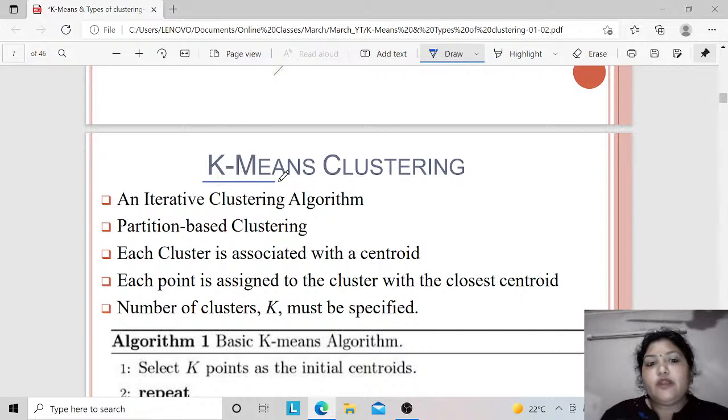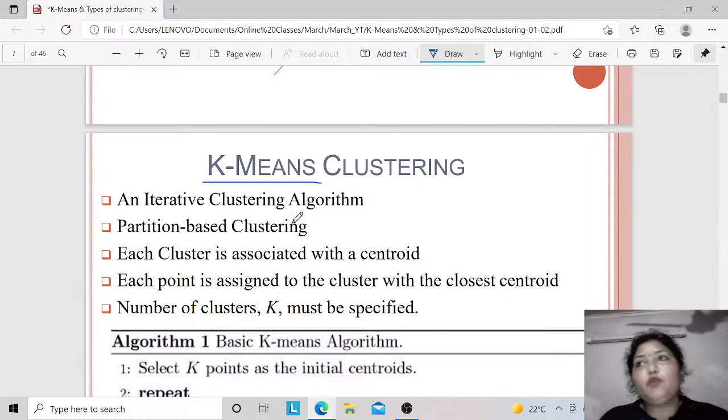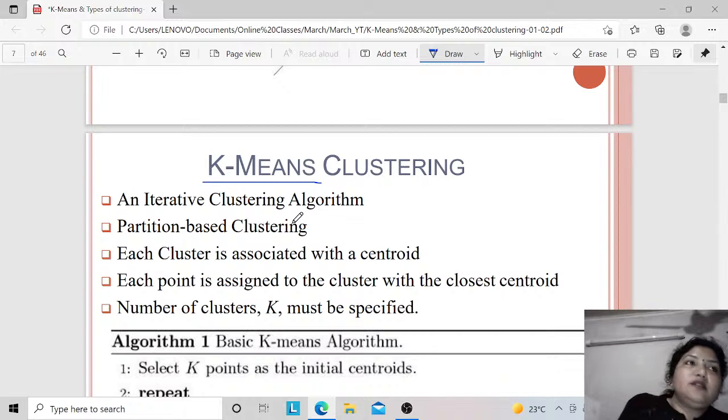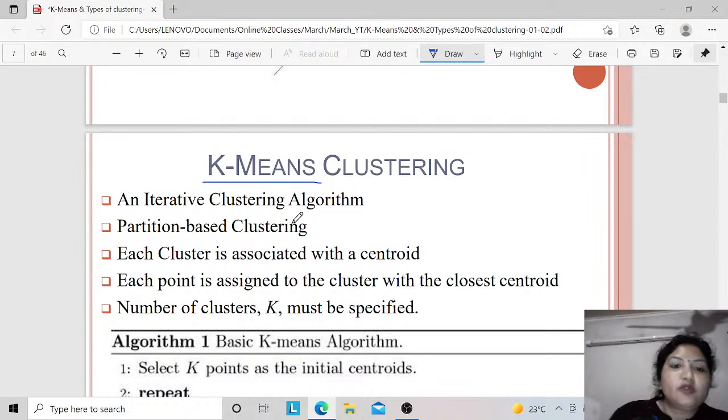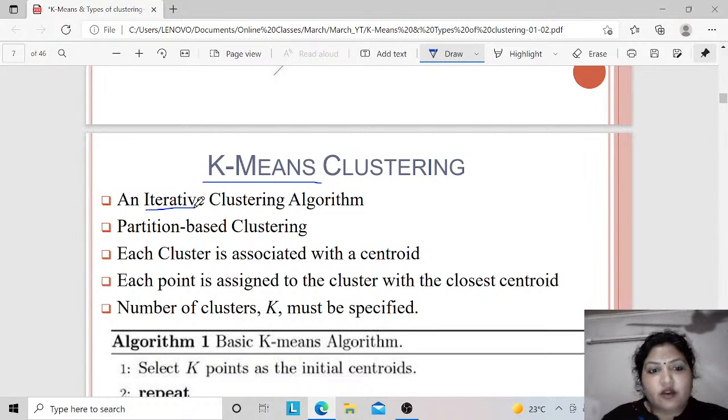Now we are going to start with k-means clustering. It is a very important type of clustering, and most widely used in different applications. It is one of the most popular clustering algorithms, and it is a very simple and easy to use method. Most applications are using k-means clustering. It is an iterative clustering algorithm. It is partition based clustering.